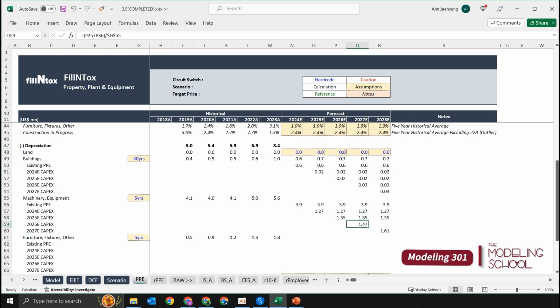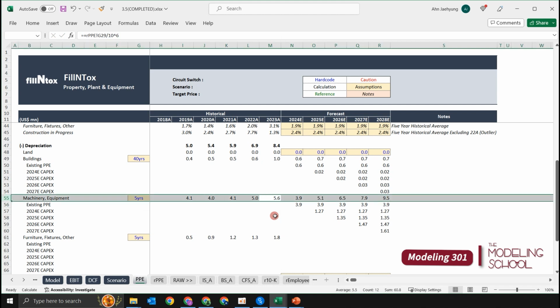I guess this is much more efficient and simple than what we did up here. And we can use a sum formula to add up all the depreciation amounts. And we have our numbers for machinery and equipment.